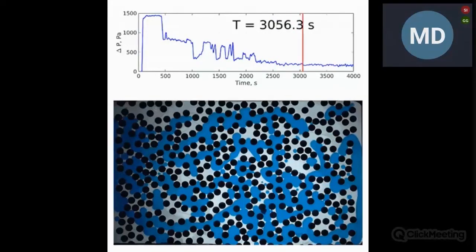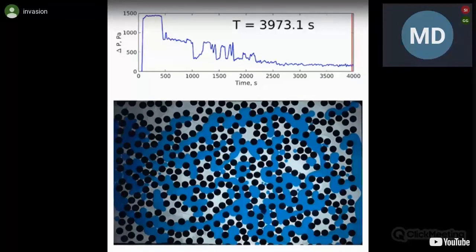And the less viscous fluid invades the space occupied by the more viscous fluid. There is a surface tension. And the result of the simulation is the shape of the front and the final saturation. So how much of the invading or defending fluid stays in the domain after the front reaches the steady state.